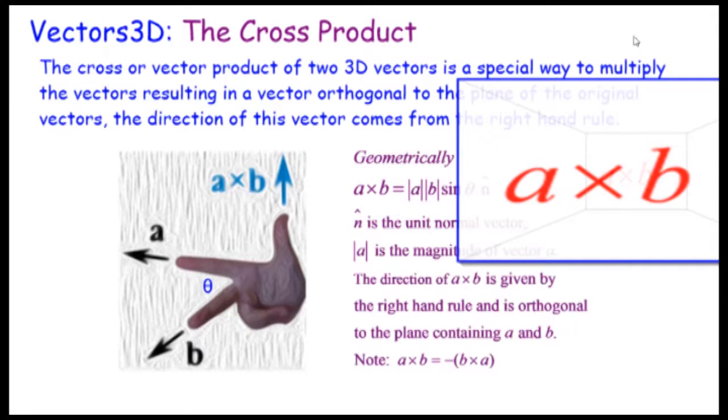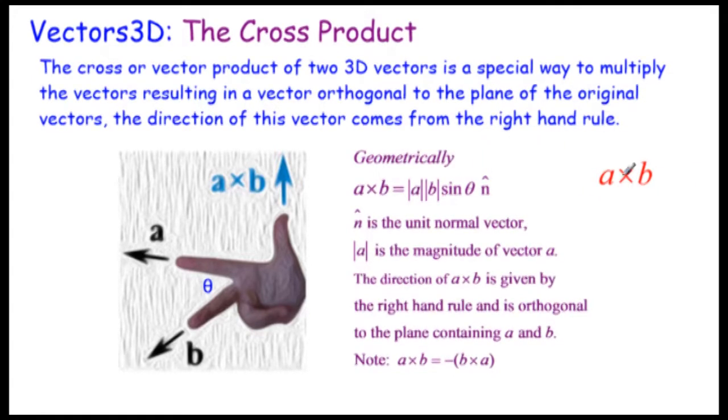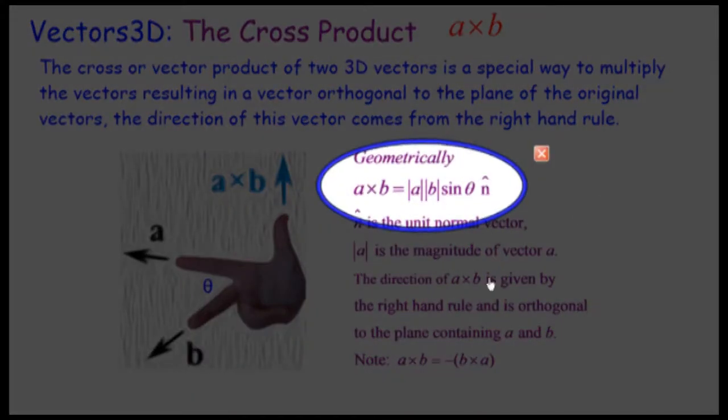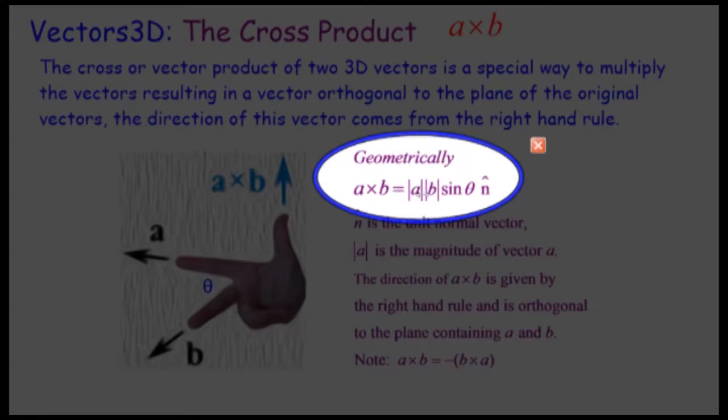Okay. Now, the first thing is we're going to have a quick look at geometrically what this means. Geometrically, A cross B is equal to the length of A times the length of B times sine theta times this n hat. N hat is a normal unit vector.